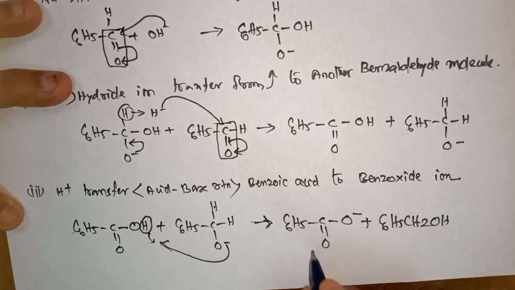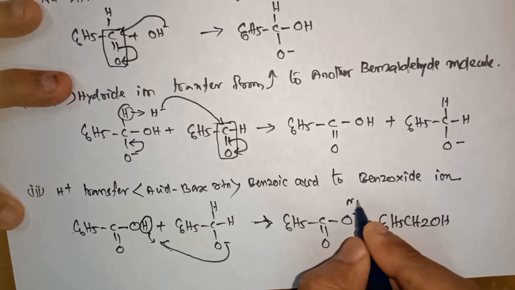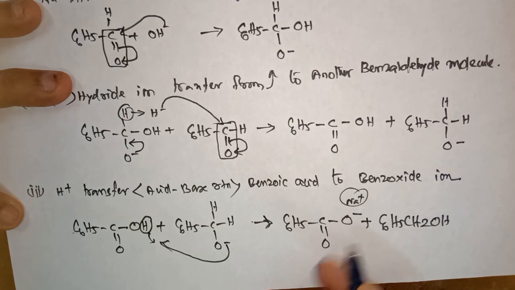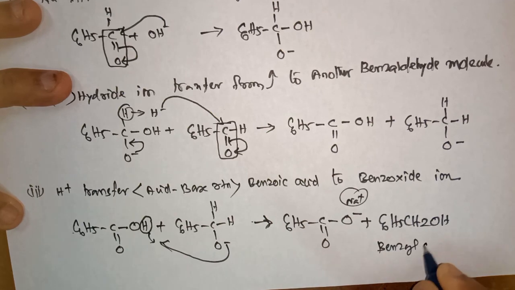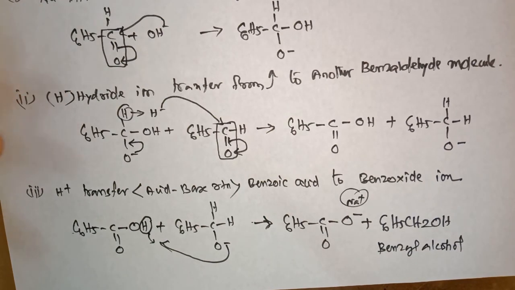This is benzyl alcohol. In this solution, sodium ion is there that combines with this and it becomes sodium benzoate. So it is sodium benzoate and benzyl alcohol. Thanks for watching my video.